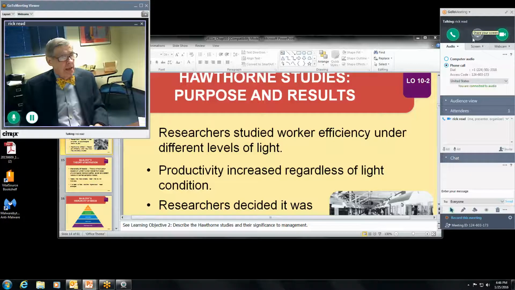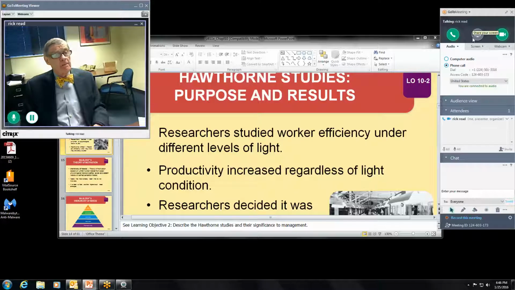And what they did was they took the light down to where it would be akin to moonlight on a bright night. And they found out that the production did not change at all, that in fact it stayed relatively the same or perhaps even increased regardless.